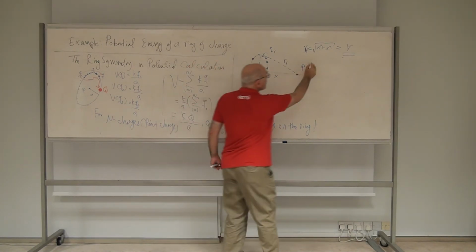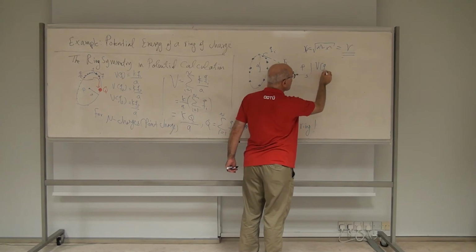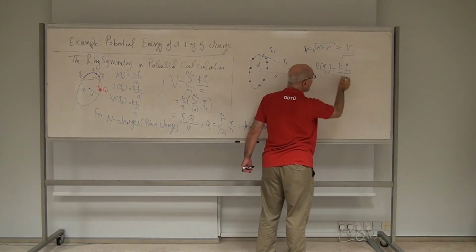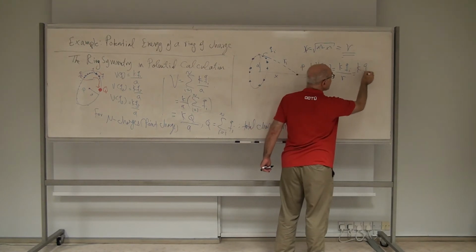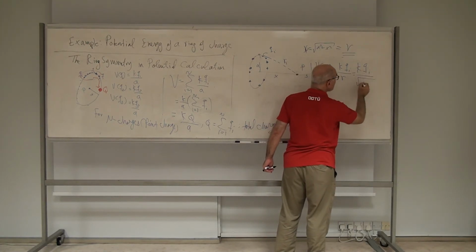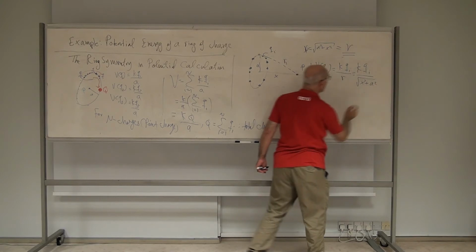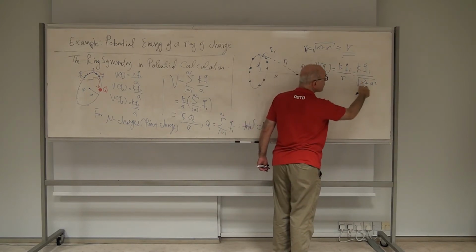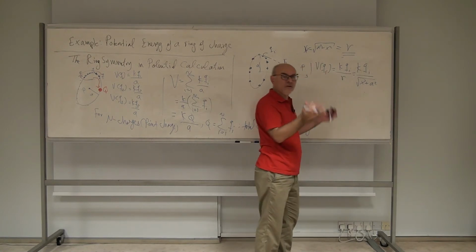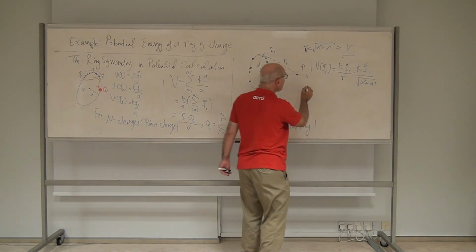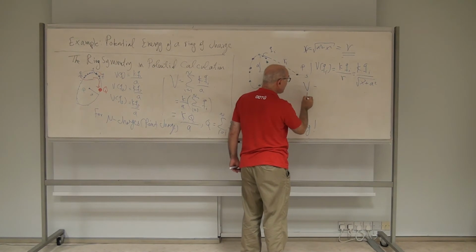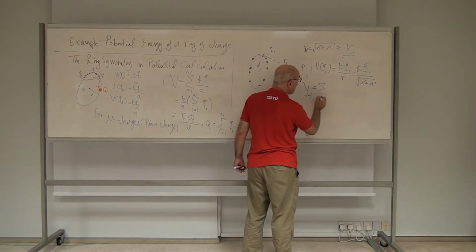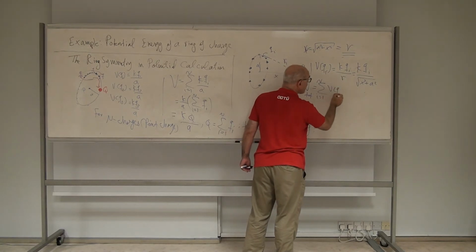And so for example, V of Qi is just k Qi over R, which is k Qi over the square root of x squared plus a squared. So this quantity, k over the square root of x squared plus a squared, is the same for all the point charges. Therefore, if you want to find V total for all the point charges, it is just the sum over i from 1 to n of V of Qi.